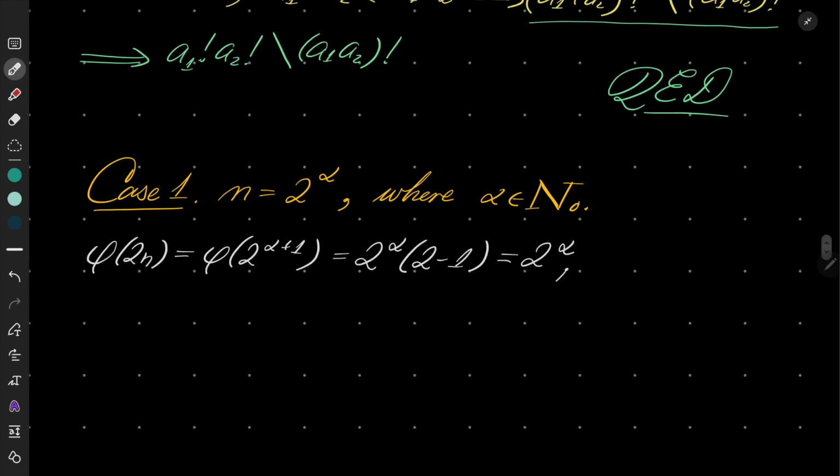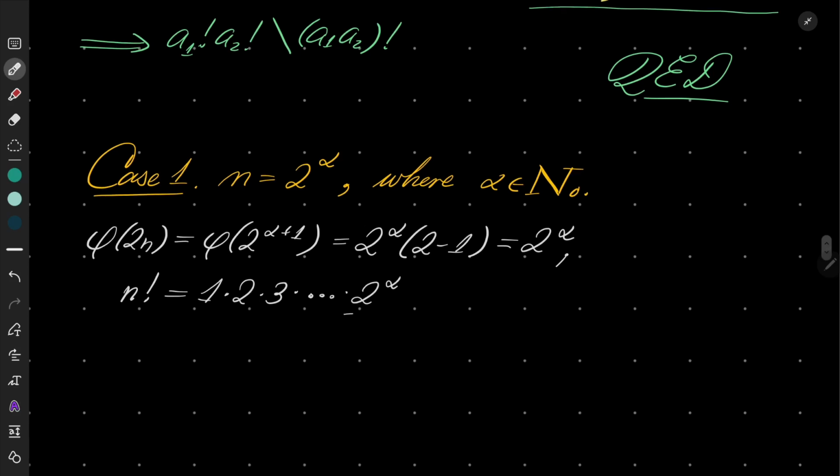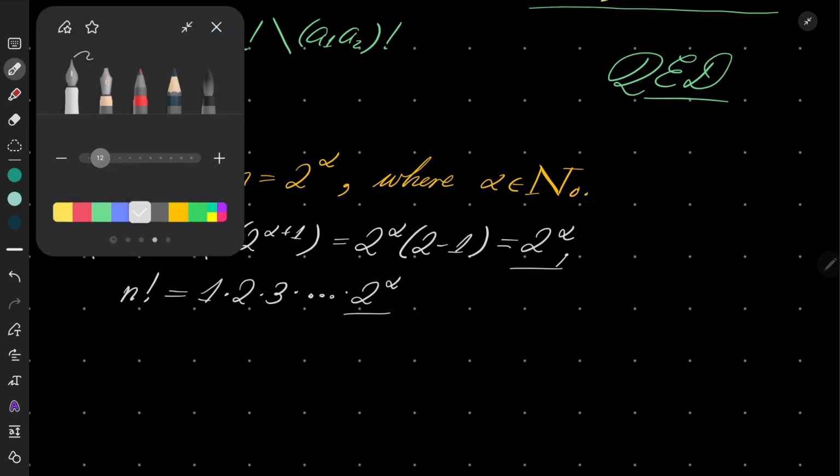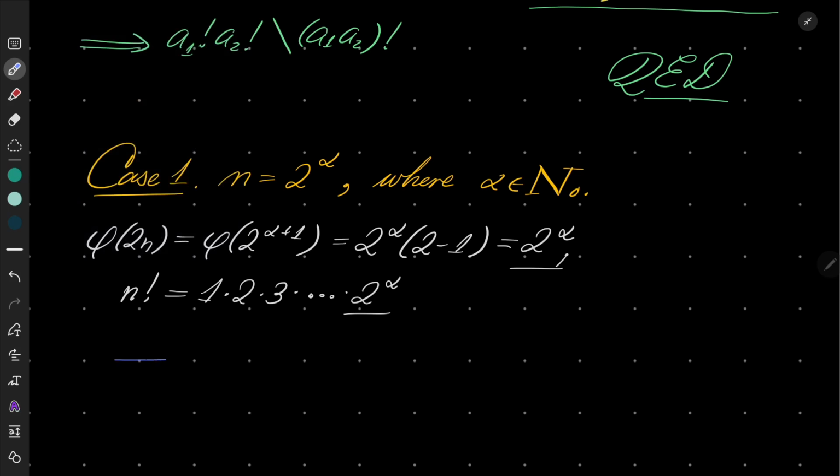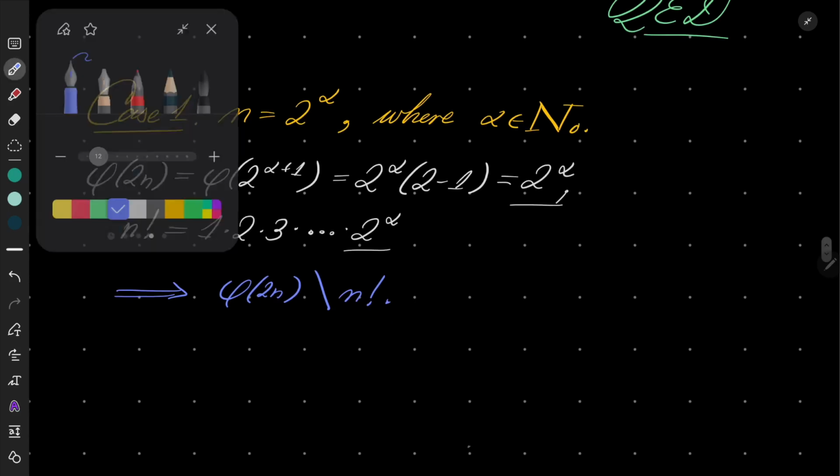And let's also see that n factorial is just 1 times 2 times 3 times and so on, finally up to 2 to the power of alpha. And our divisibility, of course, is true. So we see that phi of 2 times n does divide n factorial in this case. Case number 2.